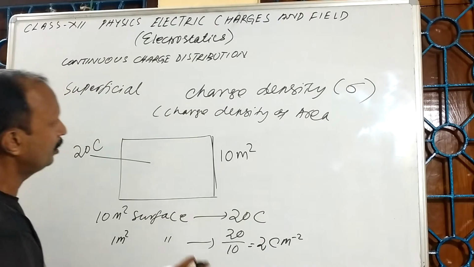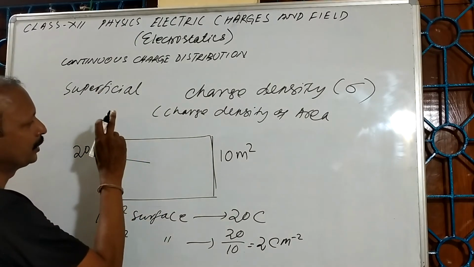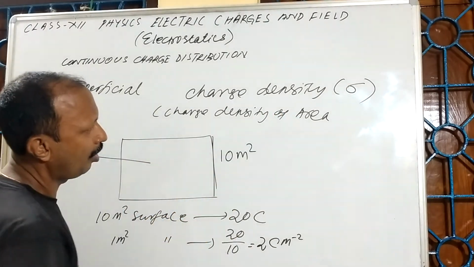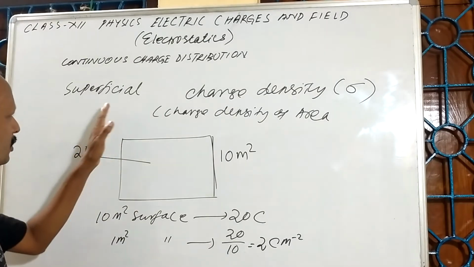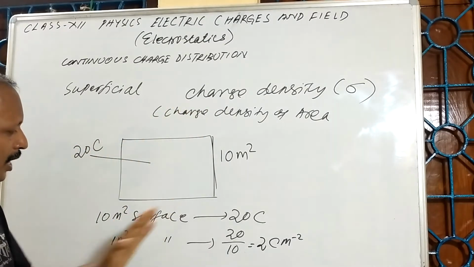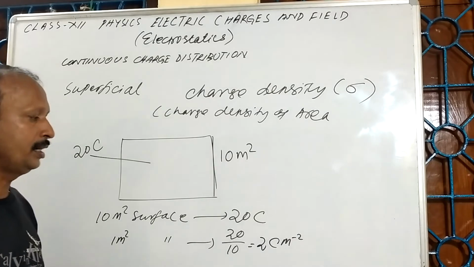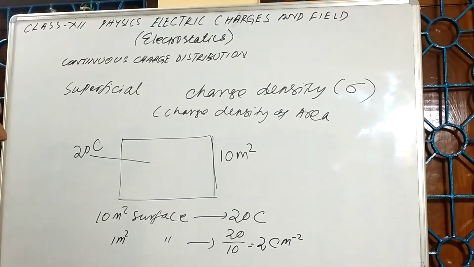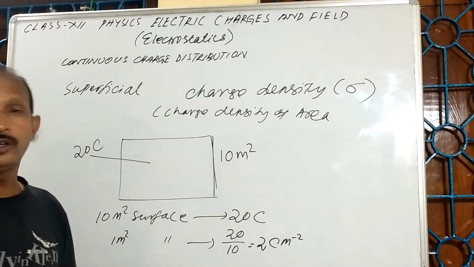Coulomb per square meter is the SI unit of charge density of area, or we say superficial charge density. Suppose the charge is not distributed uniformly.